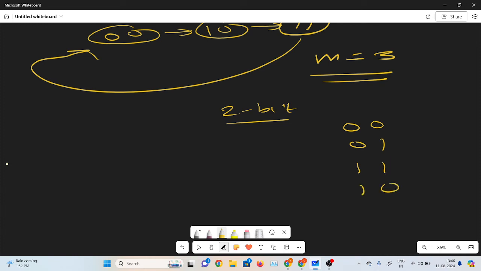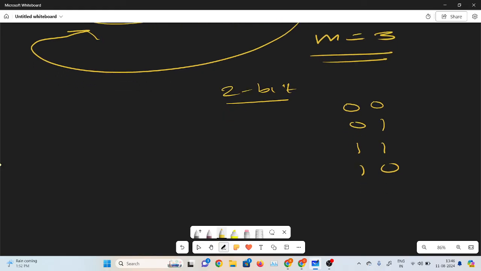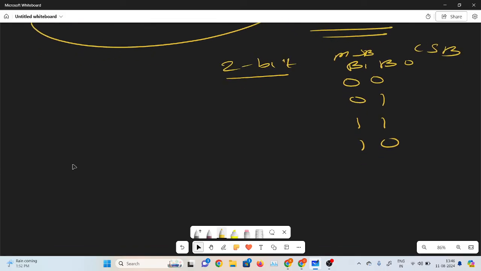If anyone asks, can you calculate the percentage duty cycle of the MSB bit? B1 and B0 I am assuming, so B1 is the MSB and B0 is the LSB. This type of question is also asked in interviews.